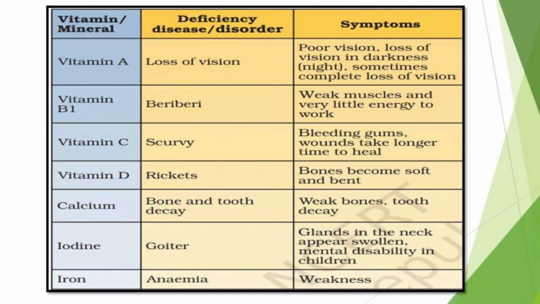So this is the whole chart of deficiency diseases, the deficiencies caused by these minerals and vitamins, and the symptoms of these deficiencies and diseases. In this chapter, we have studied the major nutrients of our food like carbohydrates, fats, vitamins, minerals and so on.